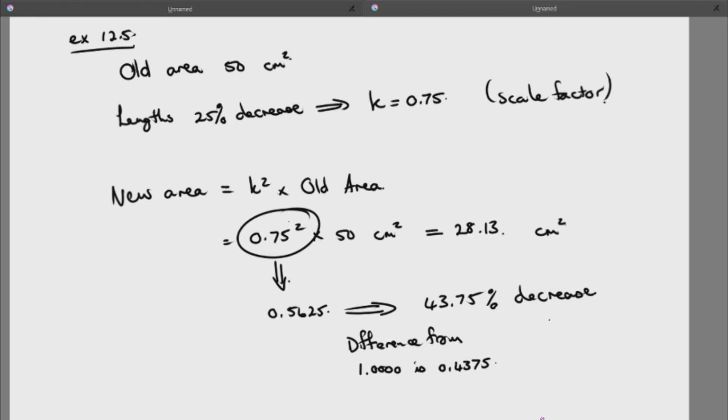So how I interpret a factor, scale factor, area factor, whatever, in terms of a percentage, it's always the same. Look at the change from the base. Whether you convert that to 56.25% and then look at the change, that's all the same in the end.